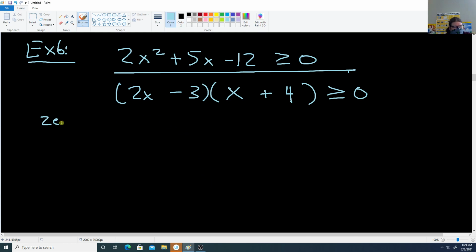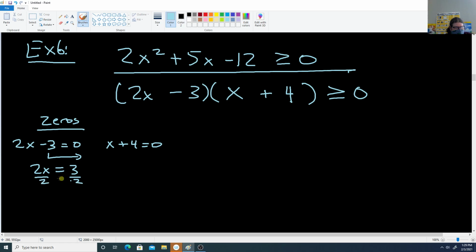We need to figure out the zeros. So I'll set each of those factors equal to 0 individually, and I'll solve each of those for x. So I get 2x equals 3, divide by 2, x is 3 halves. Over here, the 4 comes over as a negative 4, and I get x is negative 4.